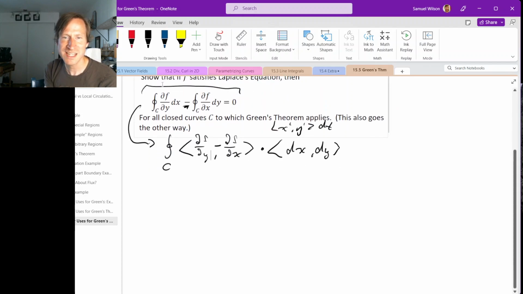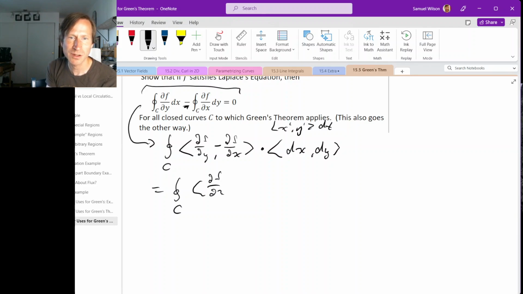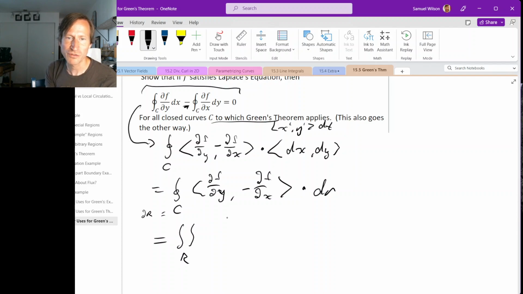Okay, so we get this line integral over the curve of partial f partial y, minus partial f partial x, dot dr. But now we can use Green's theorem because we're assuming that C is a curve where you can use Green's theorem. So that means that this curve is the boundary of some region, and we can do a double integral over the region of the curl of this vector field, dA. So what is the curl of this vector field?